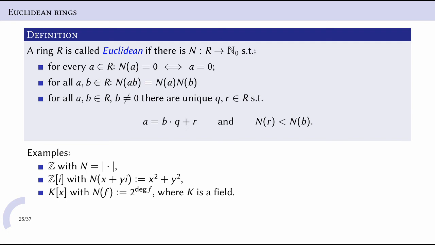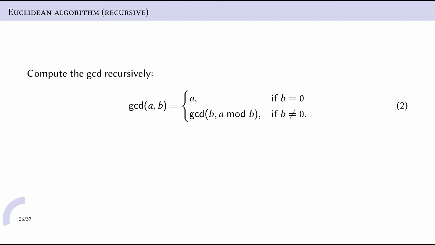And if we have a Euclidean domain, then in every such Euclidean domain, so in particular in the ring of integers, in the ring of univariate polynomials, we can apply the Euclidean algorithm. The Euclidean algorithm in its easiest form is expressed as a recursive formula that you see on screen.